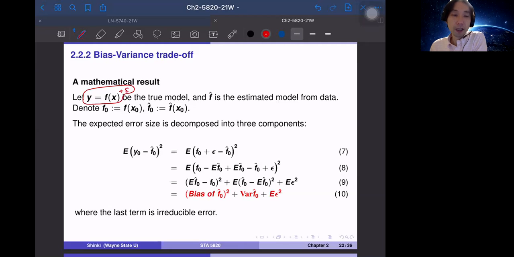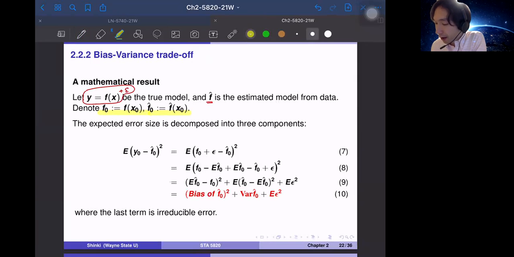So epsilon brings the irreducible error. But to think about estimating f(x), suppose f hat is the estimated model, and we use the notation f(x0) as f sub 0, and f hat(x0) as f hat sub 0.